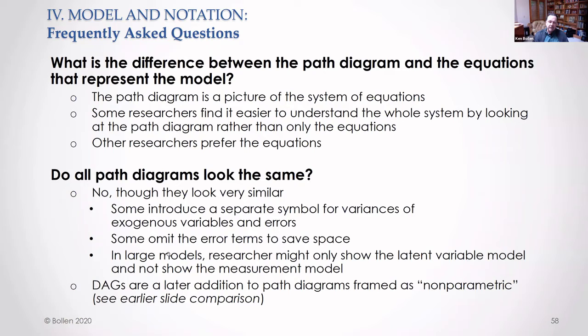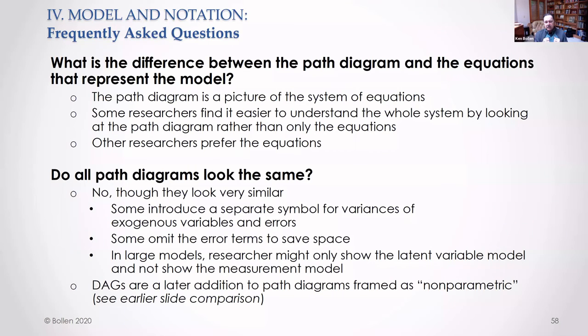Another source of confusion is that DAGs came on the scene a lot of years after path diagrams. These are framed as non-parametric structural equation models. And as I said in part one, there are some similarities between them, but there are some differences.